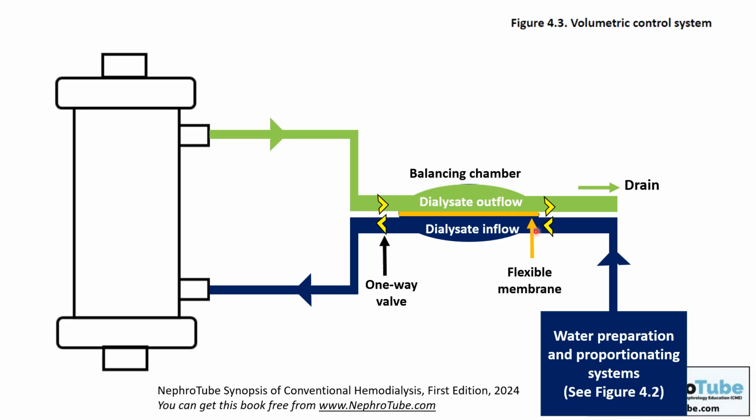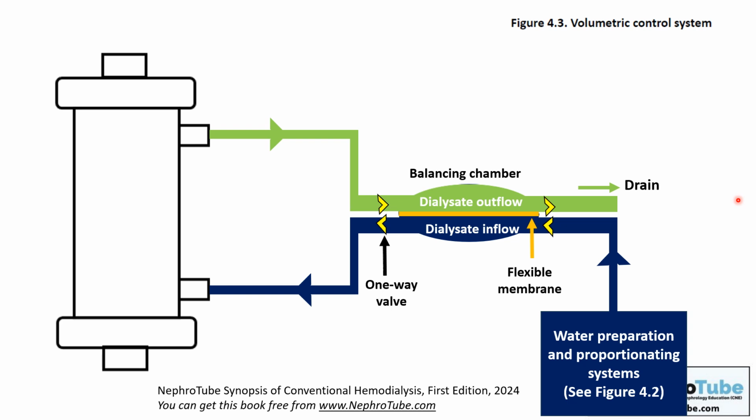Because if some dialysate is introduced into the chamber, the fixed deflection of this flexible membrane in the center causes an equal amount of dialysate to get out of it. So, this balancing chamber guarantees that the inflow and outflow of the dialysate are equal.